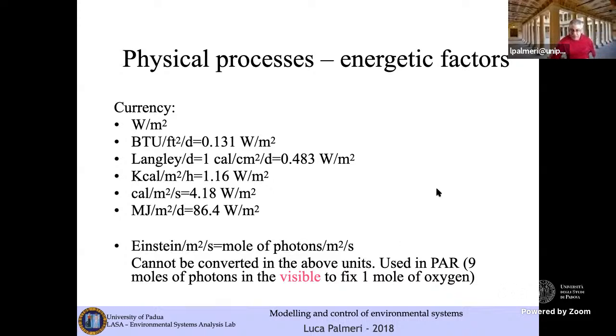It is a stoichiometric calculation that allows us to calculate a conversion factor in the process of fixation, or utilization of photons, to fix chemical elements in order to produce oxygen. So this is a very useful way of measuring the process of photosynthesis.